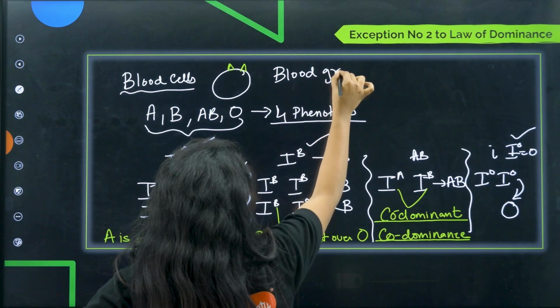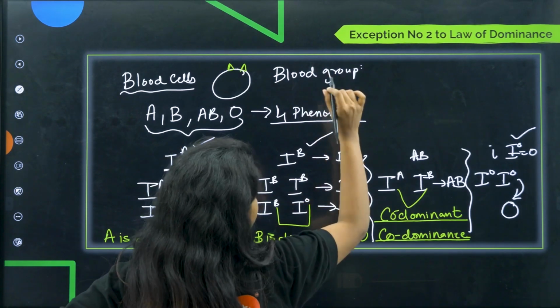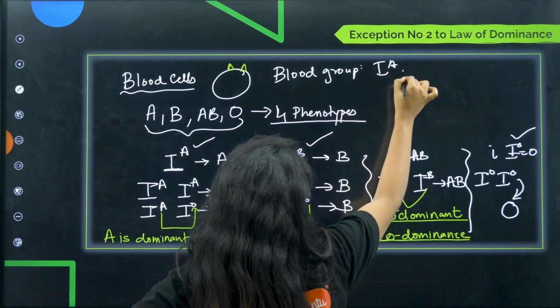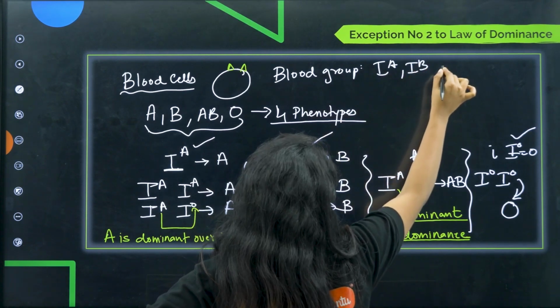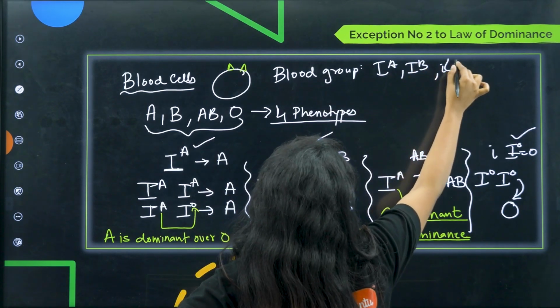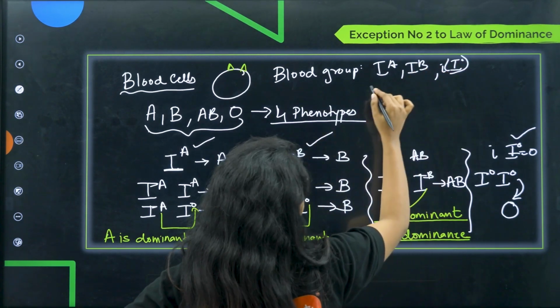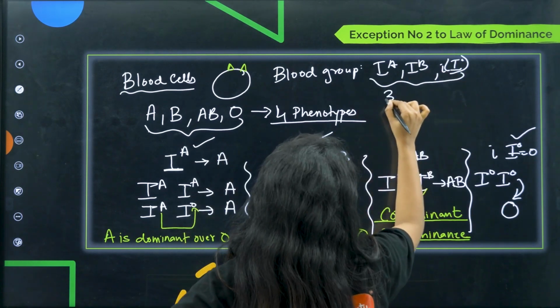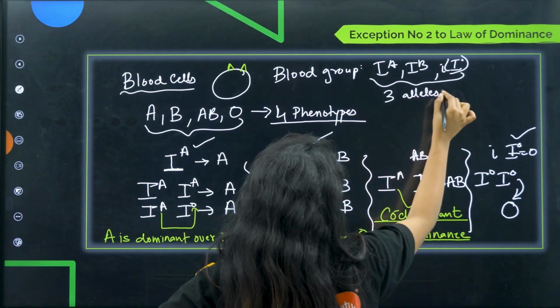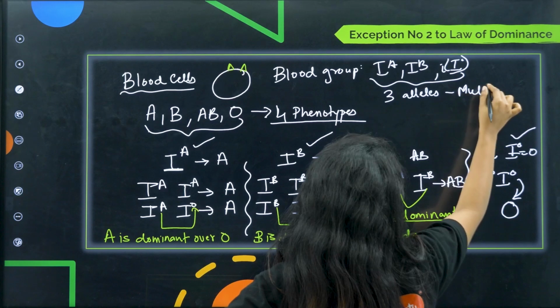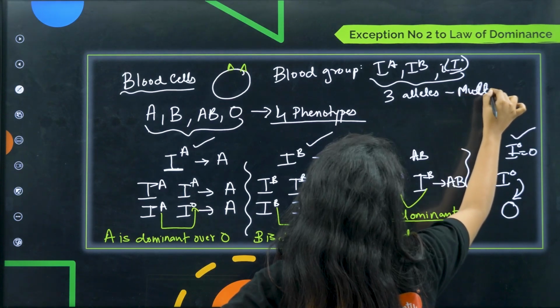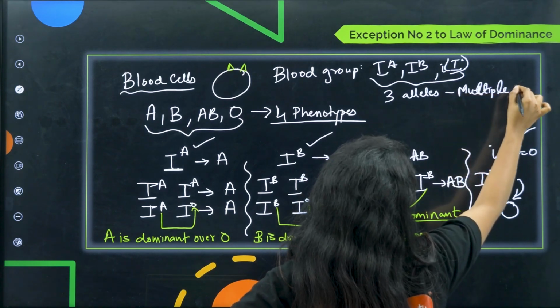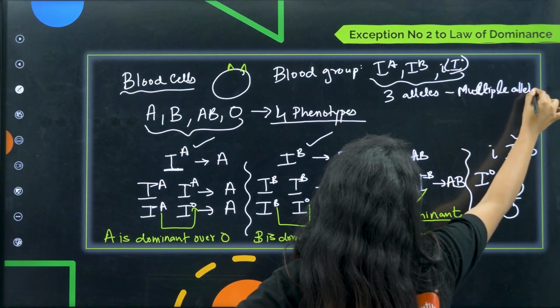For blood group, you have 3 alleles, IA, IB and i, or you call it IO. You have 3 alleles, which is why I call it multiple allele condition, multiple allelic condition or multiple alleles.